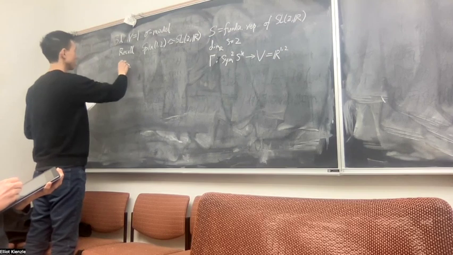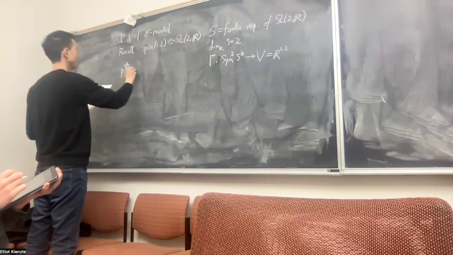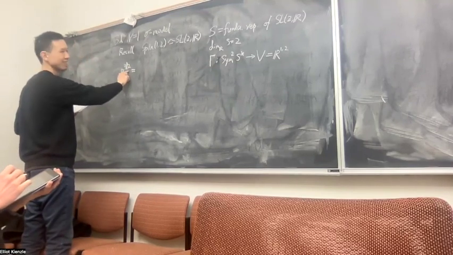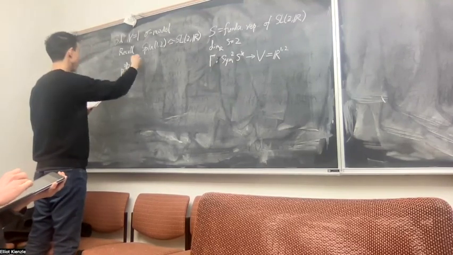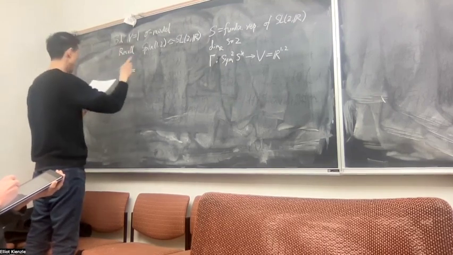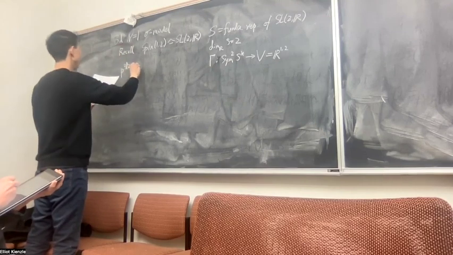So here is the super Poincaré group P^{3|2}. When I write notation like this, the second one means the number of supercharges, so it's different from this by a factor of two.